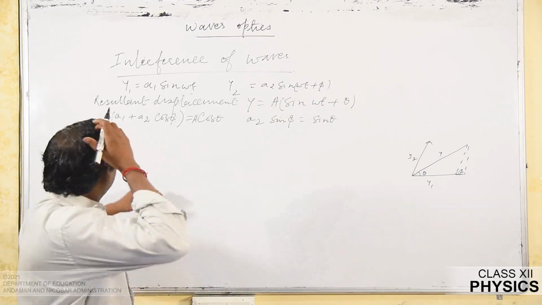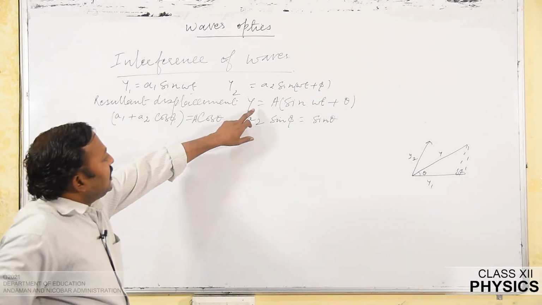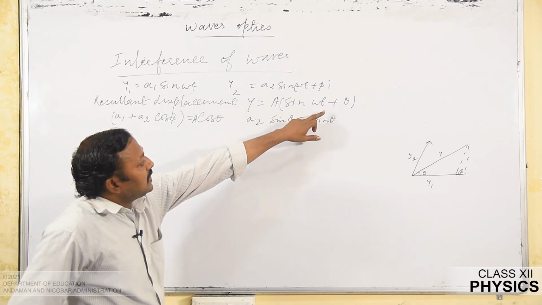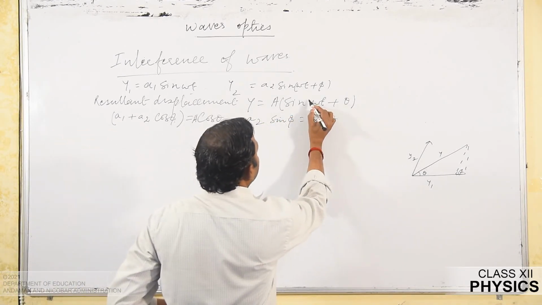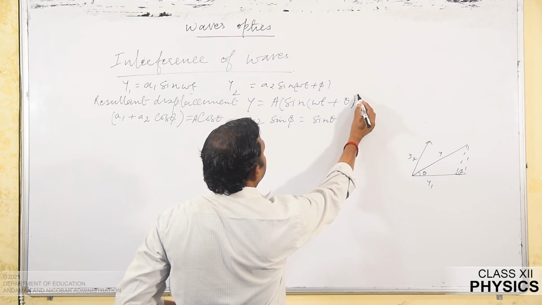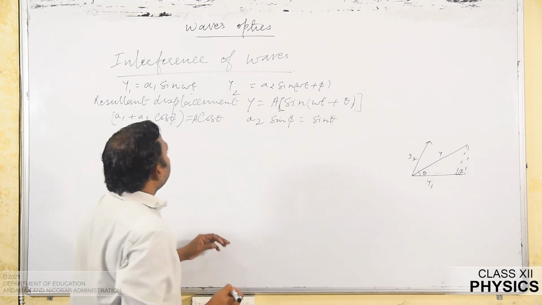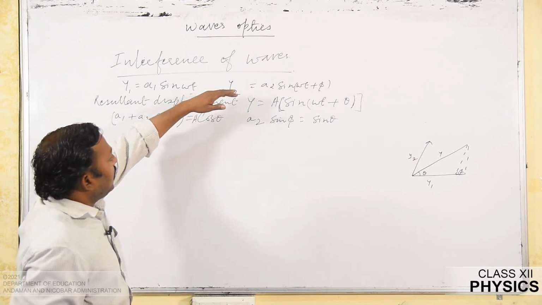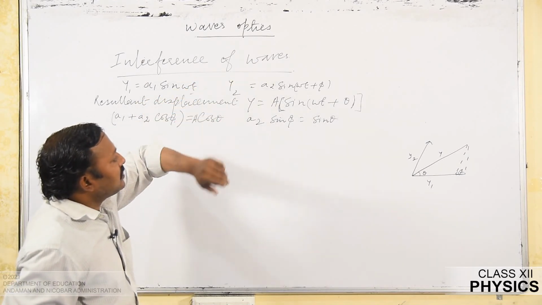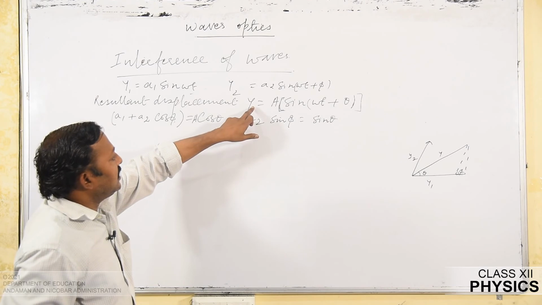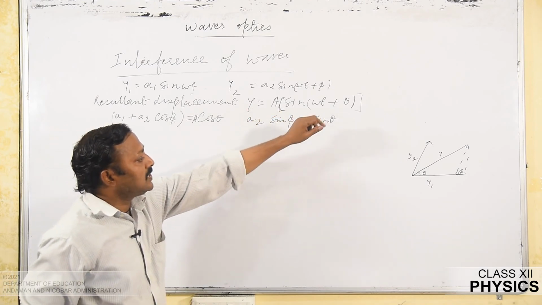Now here the derived resultant displacement is y equal to a sin (omega t plus theta), where theta is the final phase compared to the initial waves.